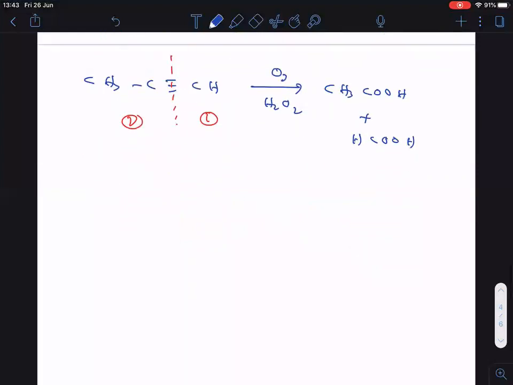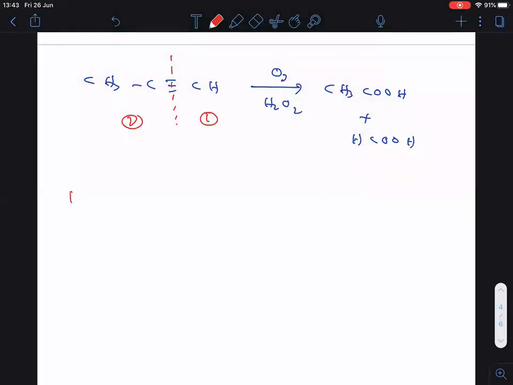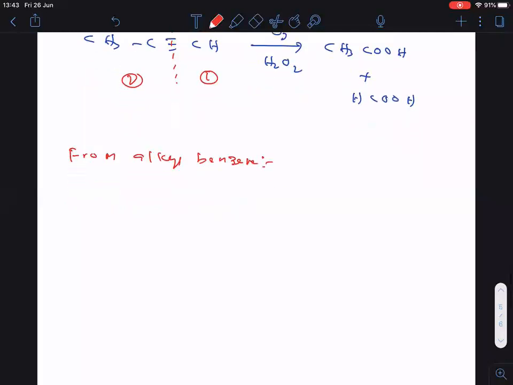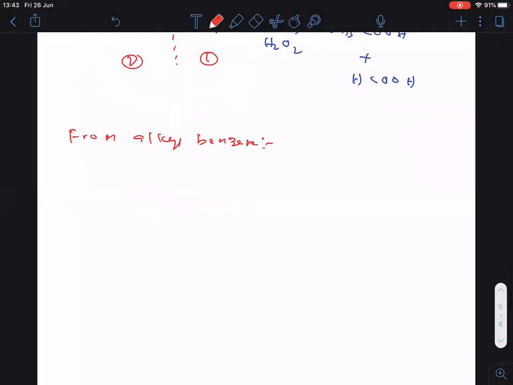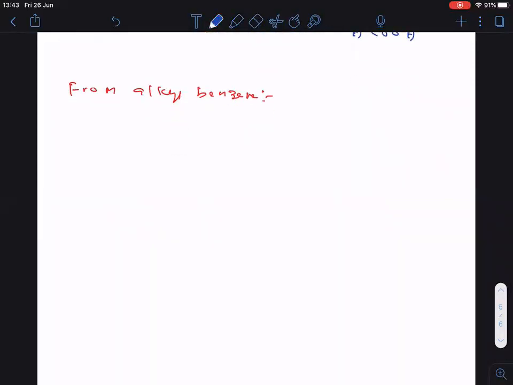Now, coming to the next preparation method of acids, that is from alkyl benzene. Clear? Now, which alkyl benzene we have to take?